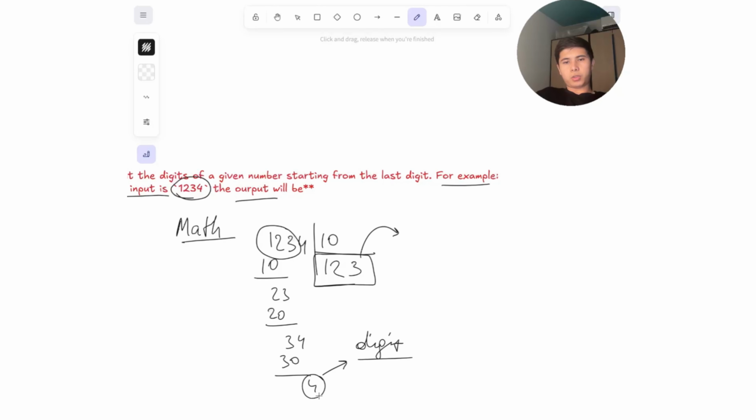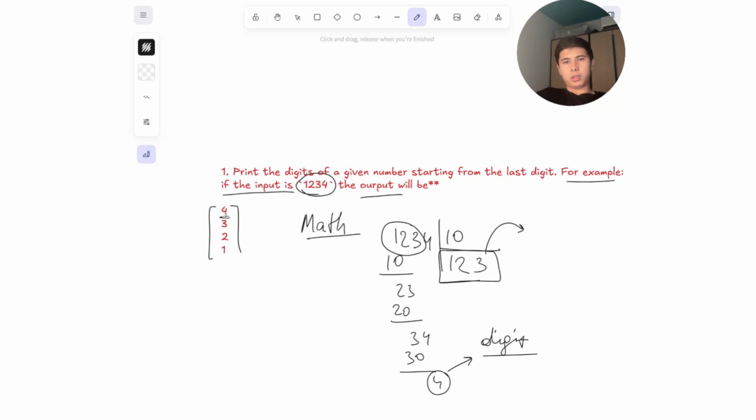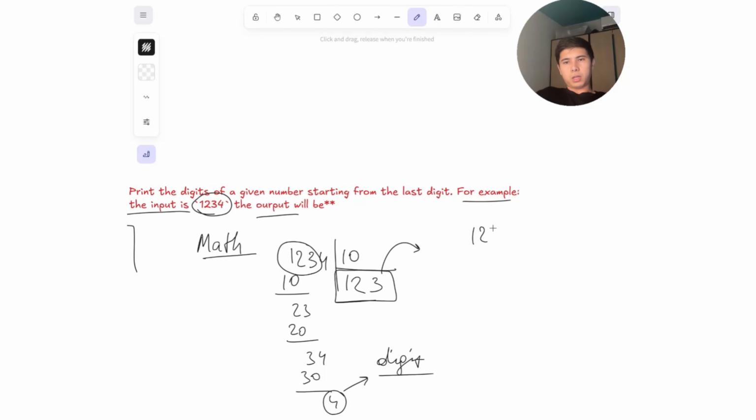We can start the reversed part, which is 2. Again, 123 divided by 10. 12 multiplied by 10 is 120, and the digit part becomes 3. This is our first iteration, and this is the second iteration.